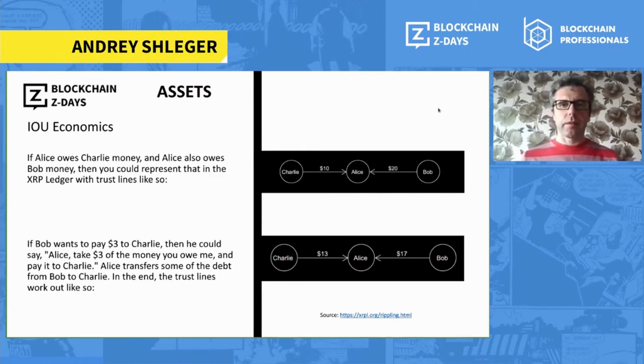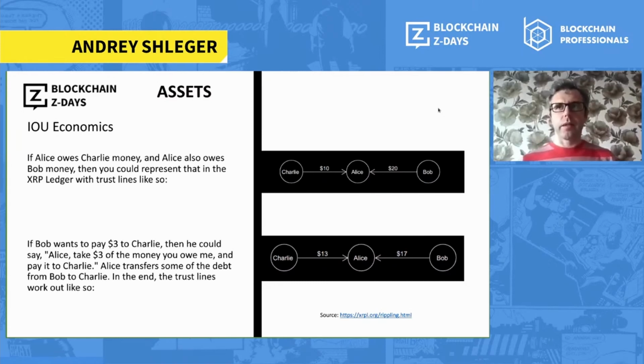Sometime later, Bob wanted to pay some money to Charlie, and it could be done in two ways. First, Bob just sends money to Charlie, and Charlie sends an acknowledgement that he got the money.